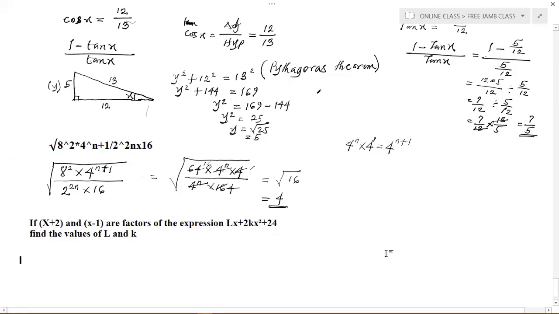Now, if that's the case, what we do here is we will say that our polynomial, which is a function of x, is Lx plus 2k, sorry, x squared plus 24.